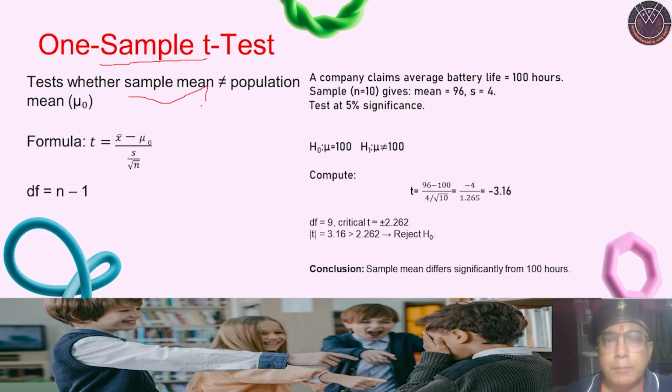Now if in a particular year you take a test in mathematics for 100 students, is this performance equal to the earlier trend, is it equal to 80 or not? In this type of case, whenever a sample is compared with a fixed value, that is called a one sample t-test.